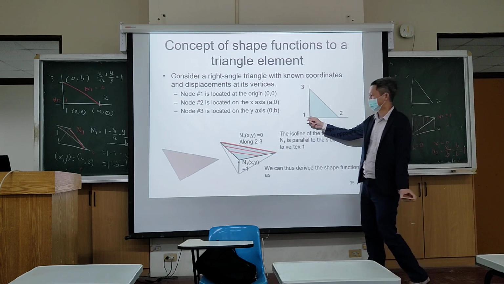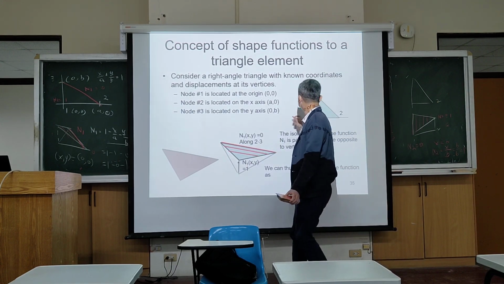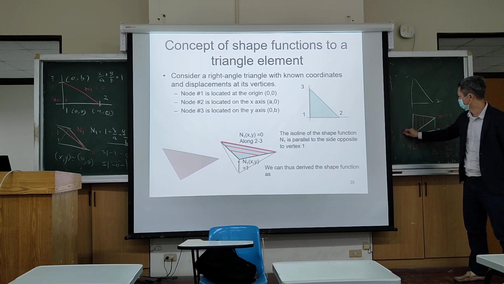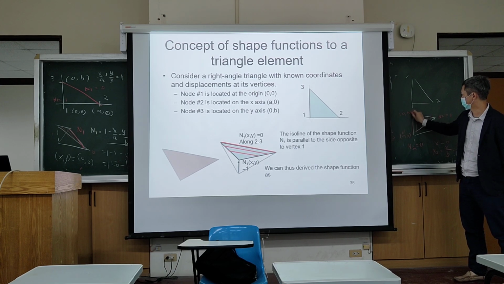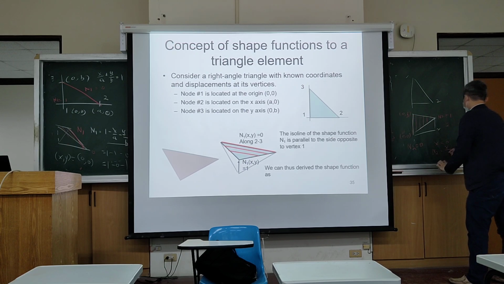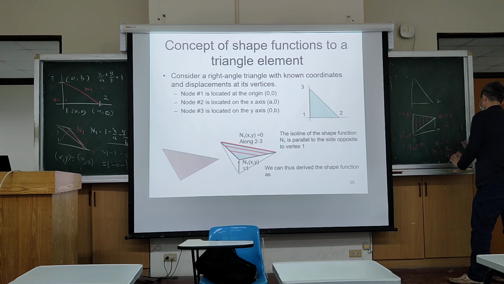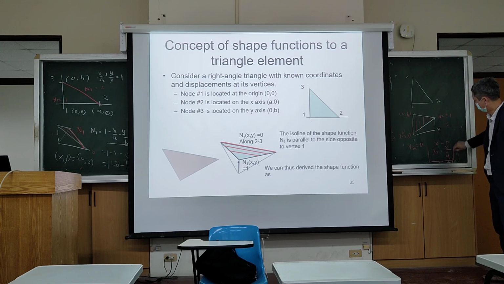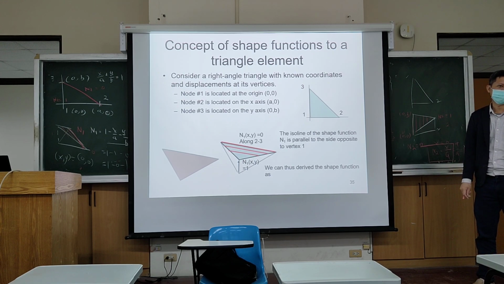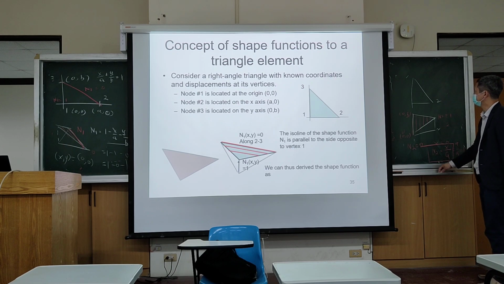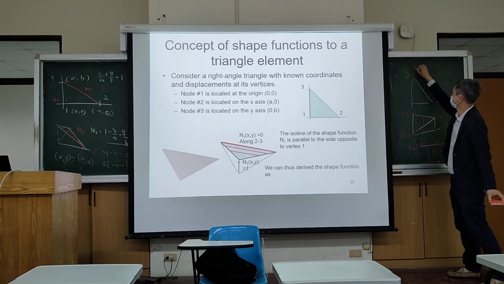But if I'm located at point 1, which is at 0, 0, the value is 0. Point 3 is 0, b. Sorry, this has to be a. So you see, the second shape function is found. It is set up from the opposite line by similarity.